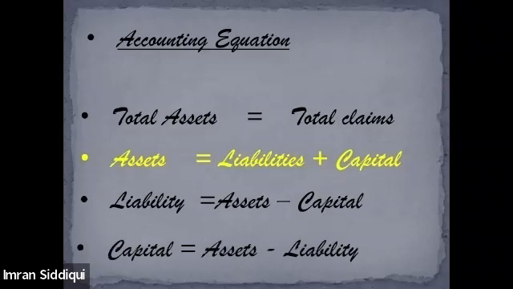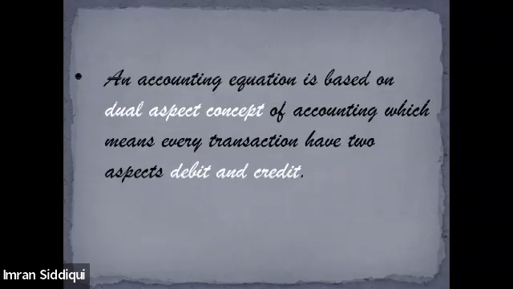Okay. But before starting with a question based on the accounting equation, let's first understand that every transaction that takes place in a business has two impacts, right? It is going to affect two items of the balance sheet at the same time. The accounting equation is based on the dual aspect concept of accounting, which means every transaction has two aspects, that is debit and credit.